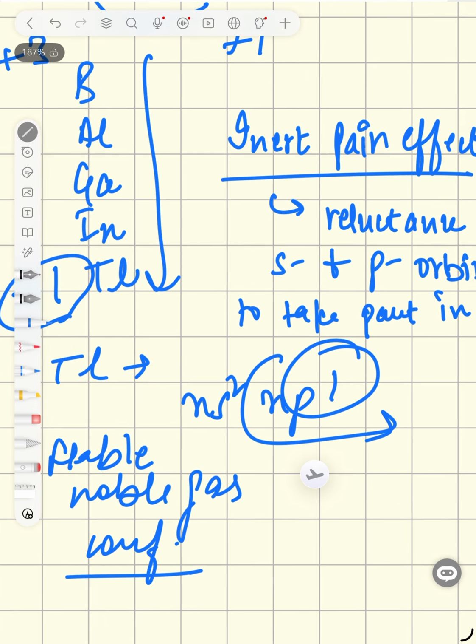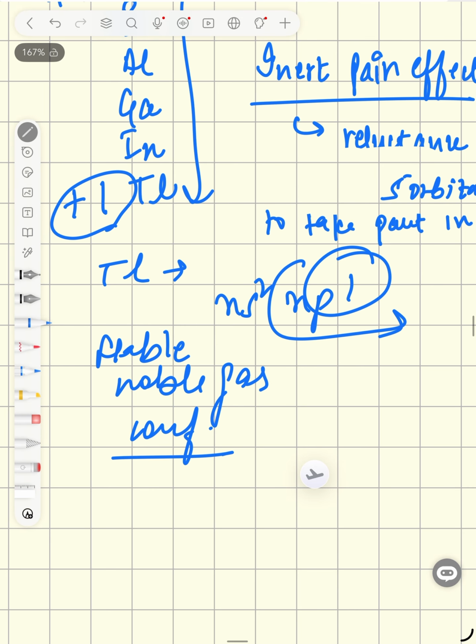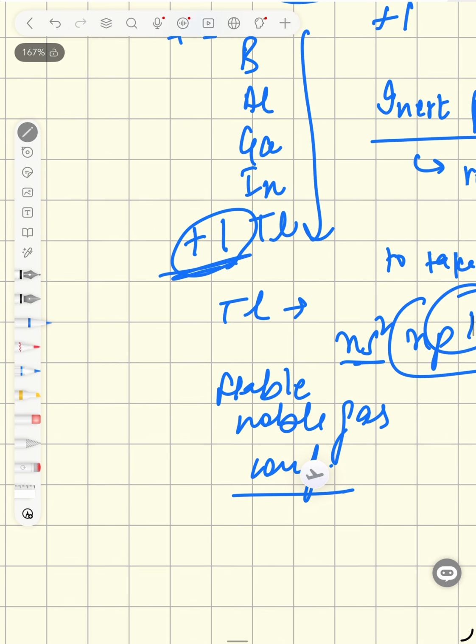Right? Here the definition says inert pair effect is defined as the reluctance of only s orbital electrons to take part in bonding. These s orbital electrons achieve a noble gas configuration once the first electron from the p orbital is removed. Therefore, thallium shows a stable +1 oxidation state.